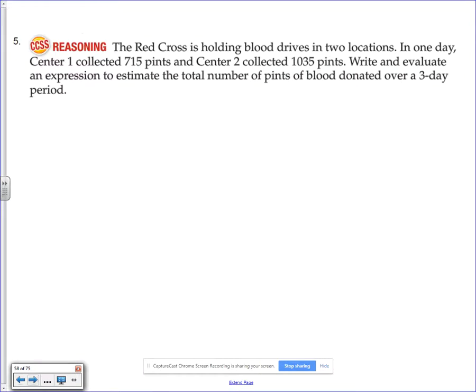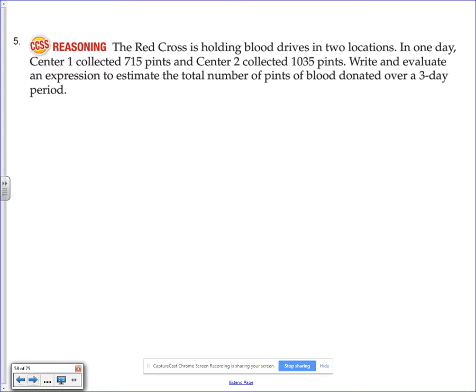Go ahead and read it. Again, your directions say to write and evaluate. So can somebody write me an expression for the number of pints of blood that were given over 3 days?